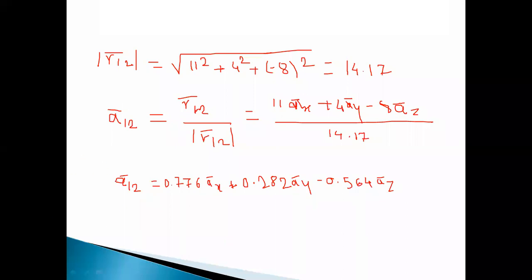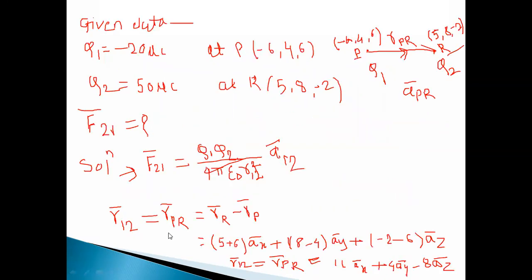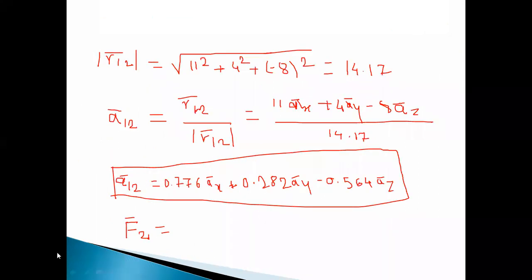Now you have to find the force. Okay, so formula is F bar 21 is equal to Q1 Q2. Now what is value of charge Q1? Q1 is minus 20 microcoulomb. Okay, I'll directly put the values here, but you have to write first a formula and then put values.